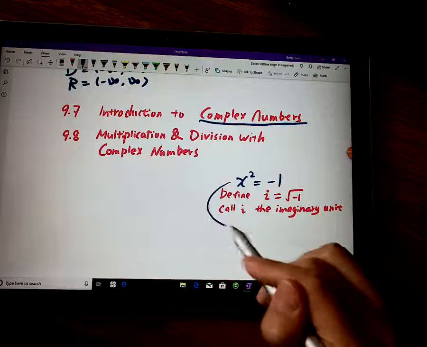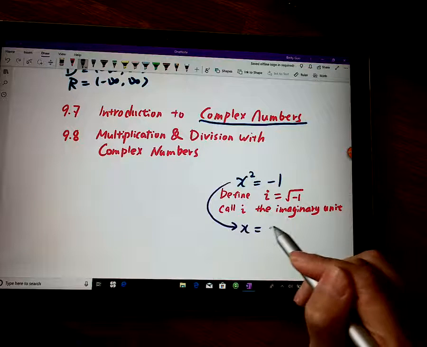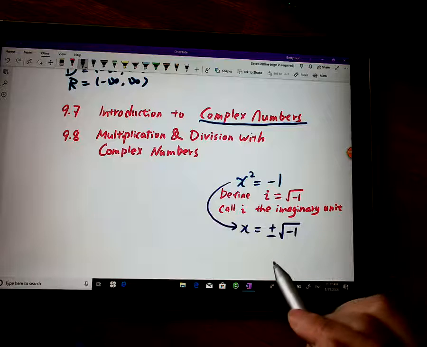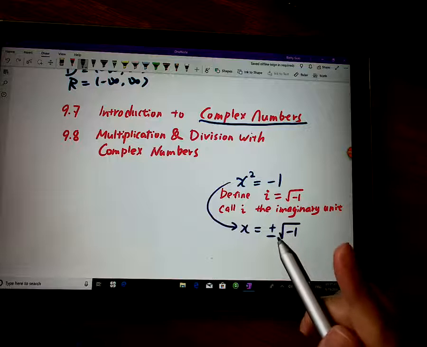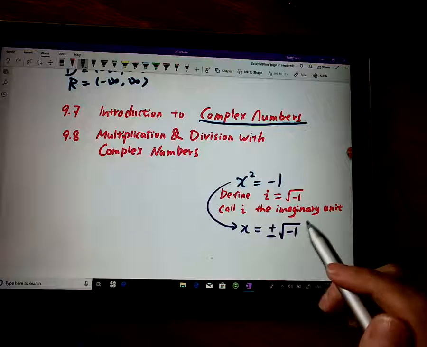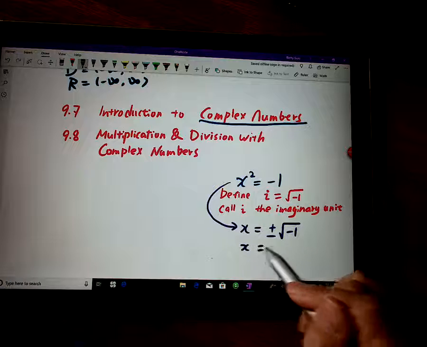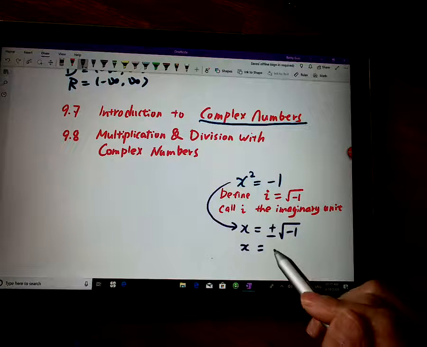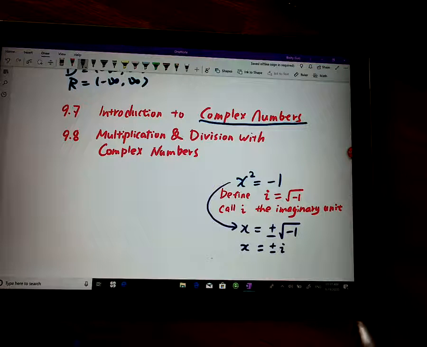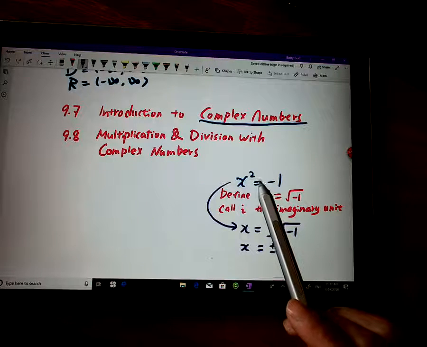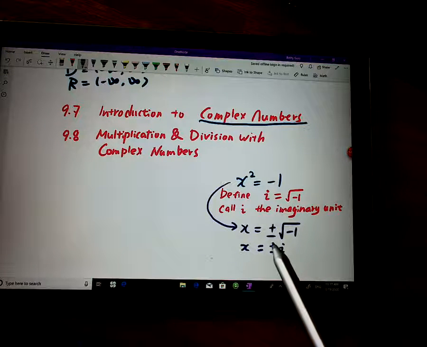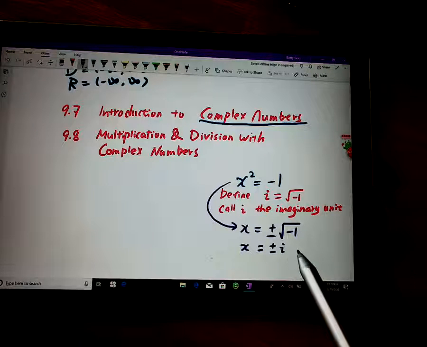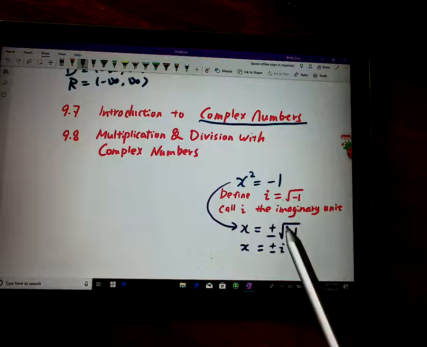We apply the square root property, which we have talked about before; go back to your notes to look at it. We have x equals plus or minus the square root of -1, and since we defined root -1 as i, we have plus minus i. Now this equation has two solutions. The first solution is i, the second solution is negative i. They are opposites, and of course they are not real numbers. They are non-real complex numbers.